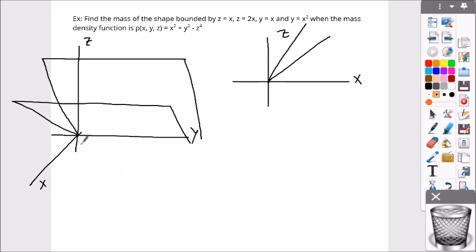It looks something like this, right? It's just the y equals x plane. And y equals x squared looks something like this. So this shape looks a little weird. This is the projection right here in the xy plane, and it goes something like this.